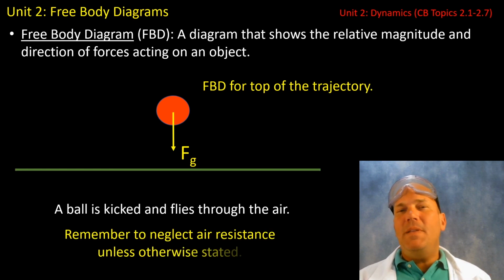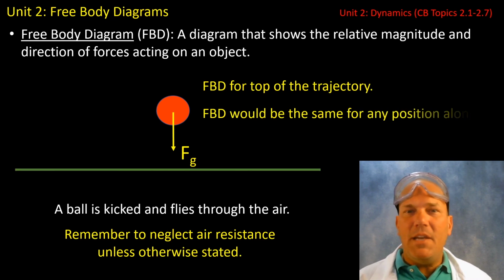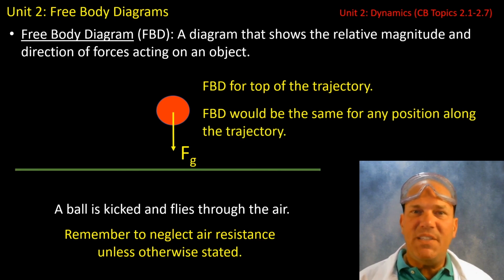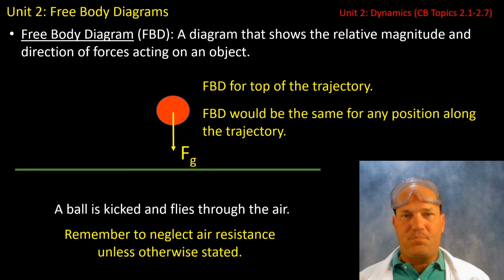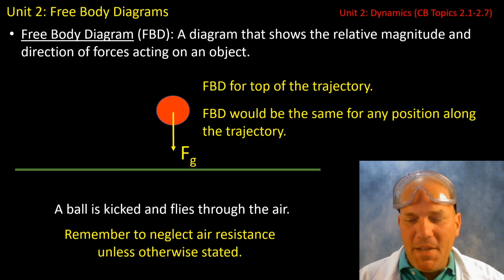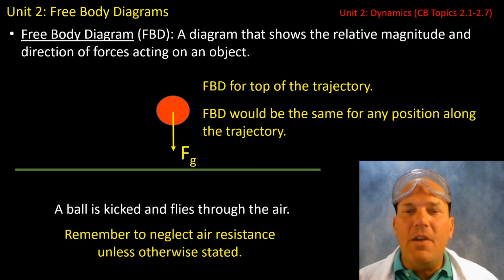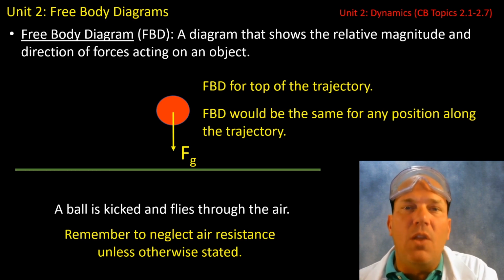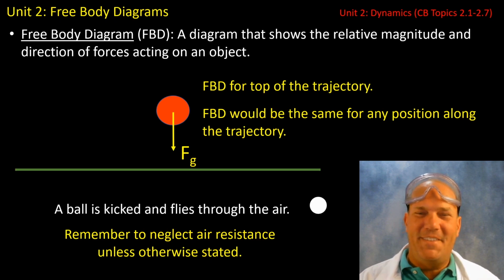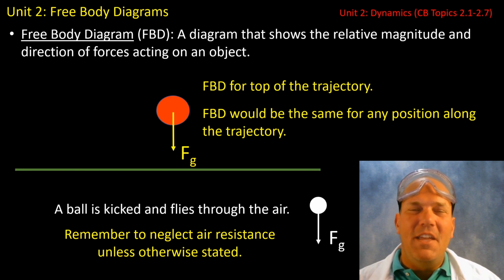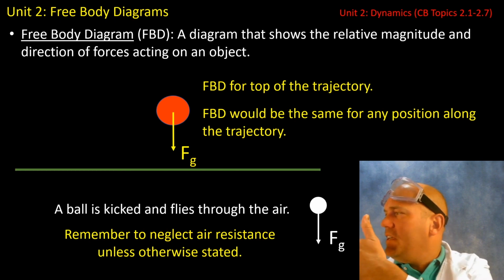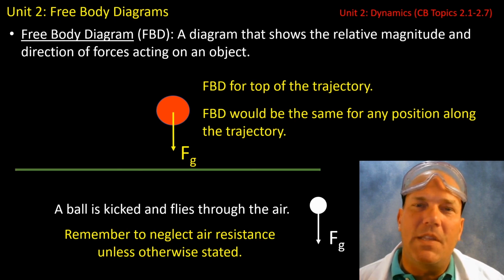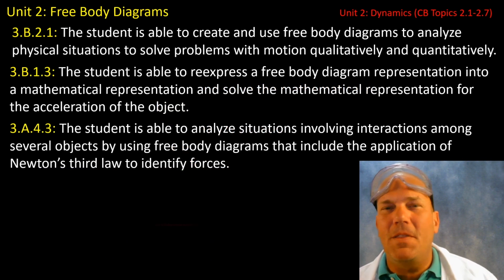Okay, now please remember that we're neglecting air resistance unless explicitly stated in the problem. Also, make note, this free body diagram would be the same for any position along the ball's trajectory. Now let's look at our dot here, and you can see that we only have one force. That would be the downward force of the earth on the ball.